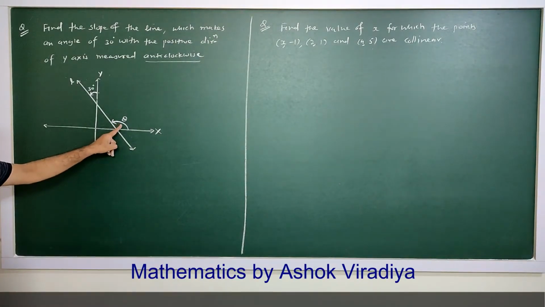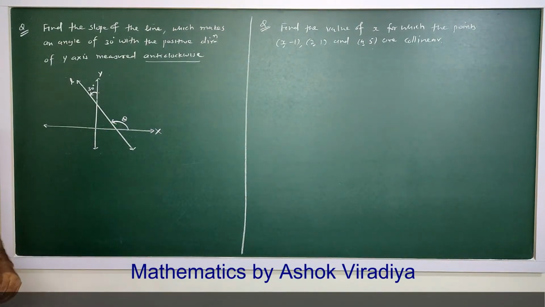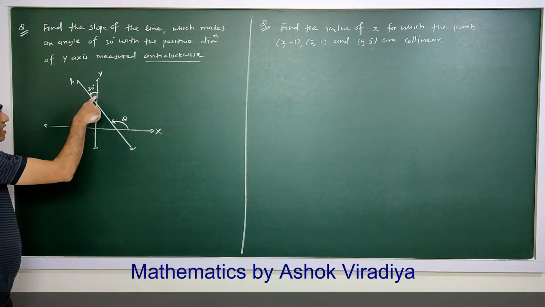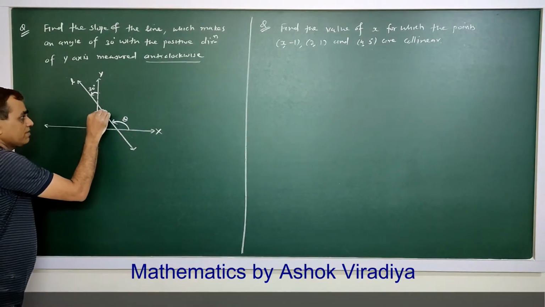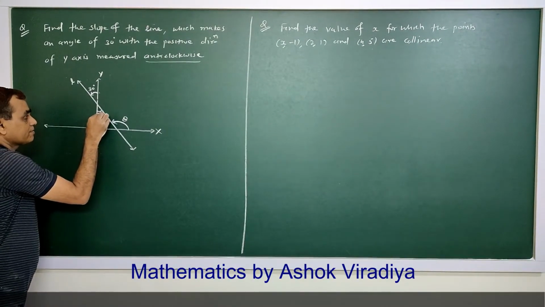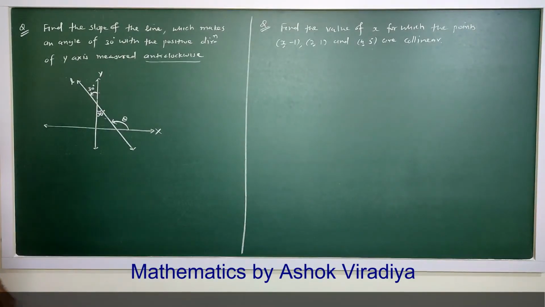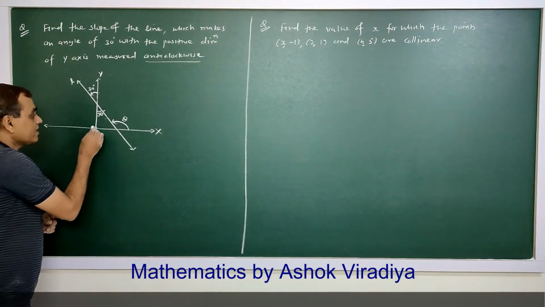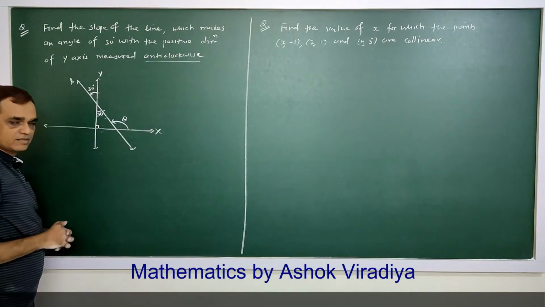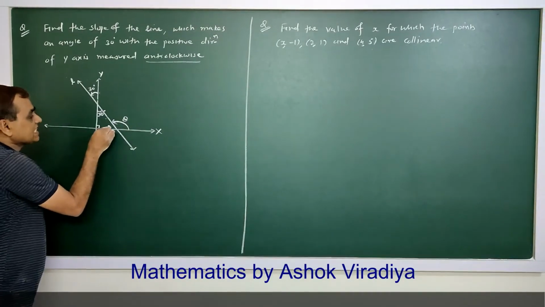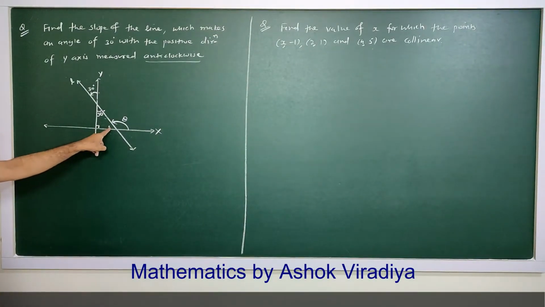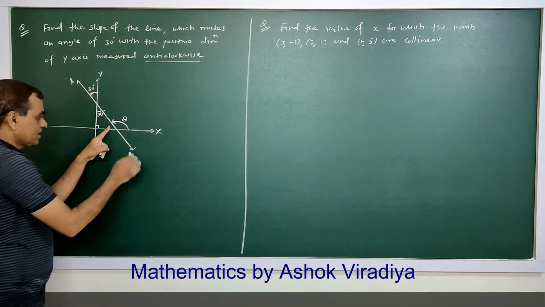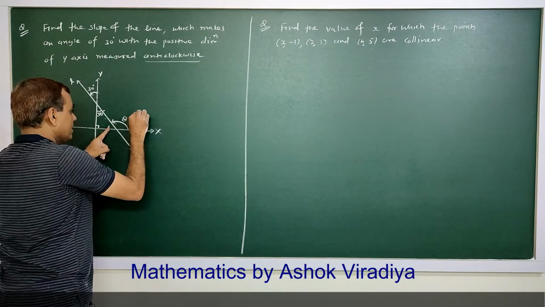So let us find the measure of this angle. Here, this is 30 degrees. This is 30, this is 90, so this will be 60 degrees. This is 60, so this will be 120.